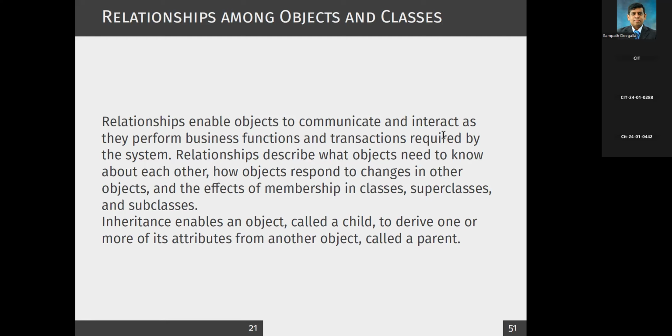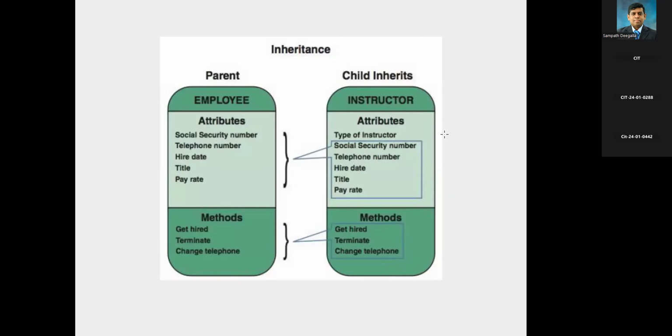And then I already mentioned this idea like inheritance. For example, the child object can take all the attributes and the methods from parents. So therefore, you will notice in this one the idea of inheritance when we have a parent and usually the child inherits, right?